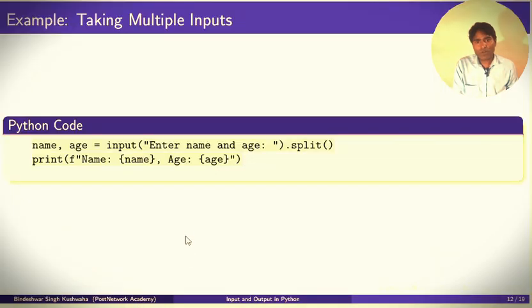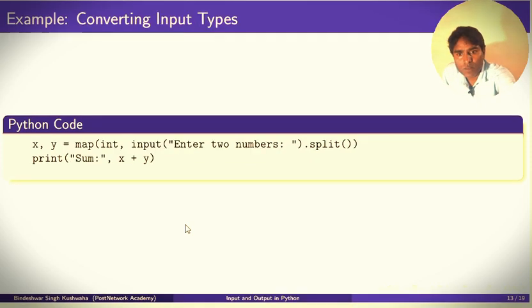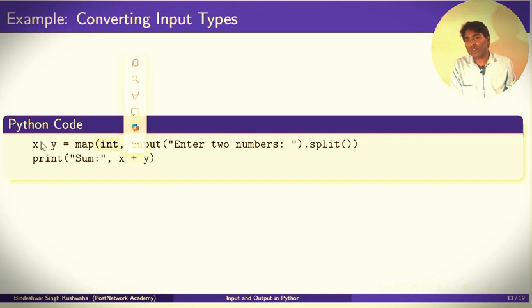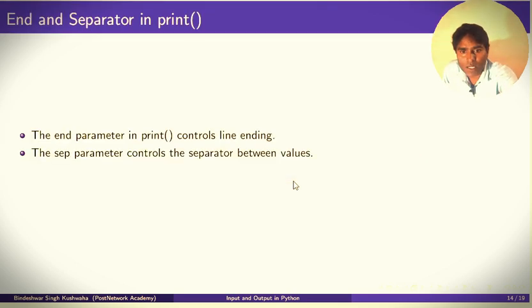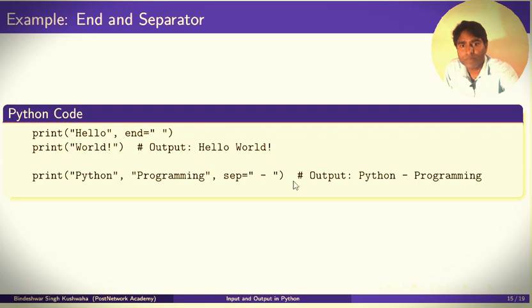So you can take multiple inputs using the split function. Now here the input type you can convert using the map function. The same way it will work. That means both would be integers, and it can take multiple inputs using the split function. You can also use end and separator. So between Python and programming, the output would be Python programming.